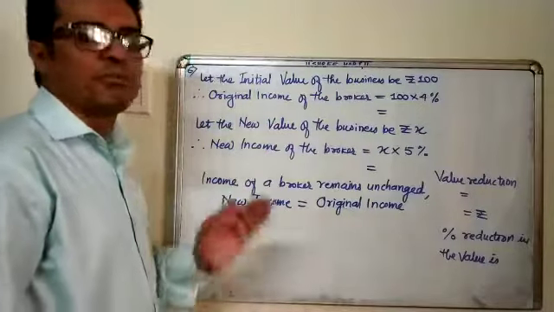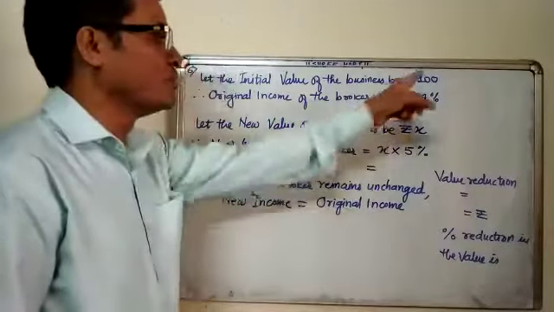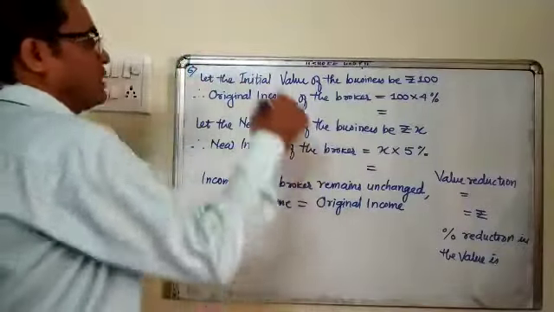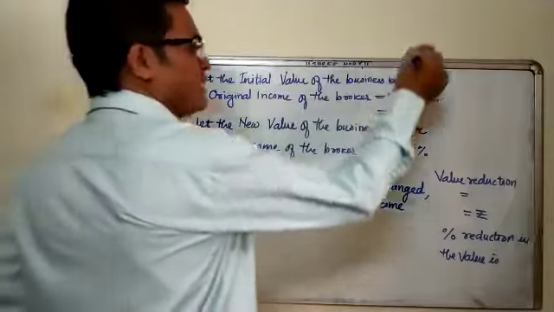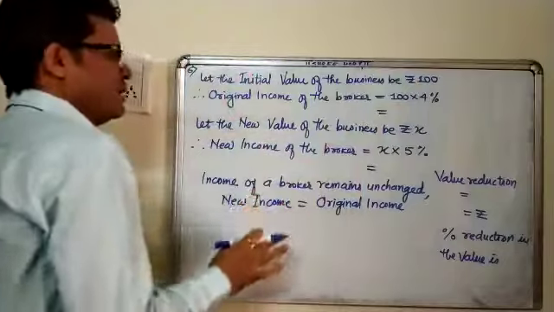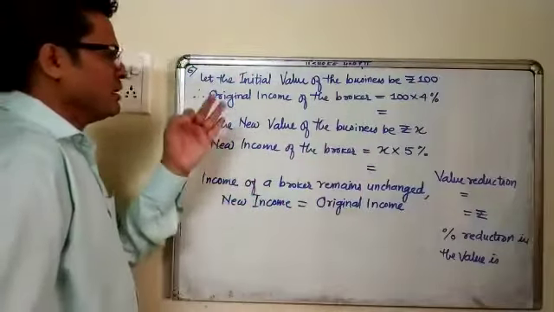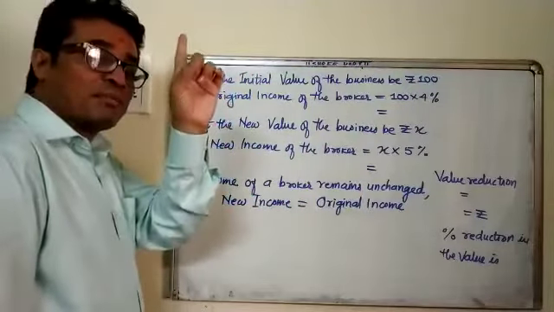So here for better calculation we assume 100. So let the initial value of the business be rupees 100, and as per the question 4% commission.